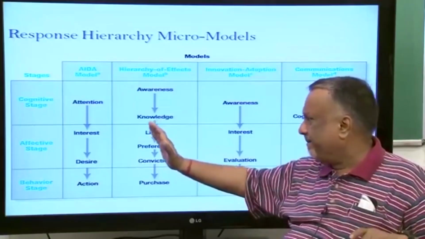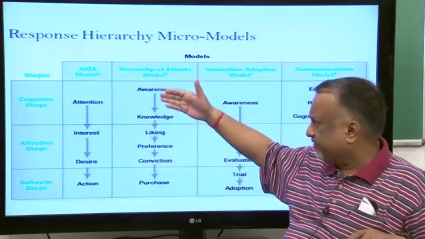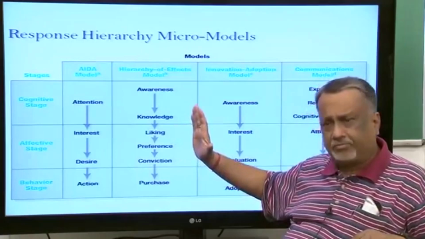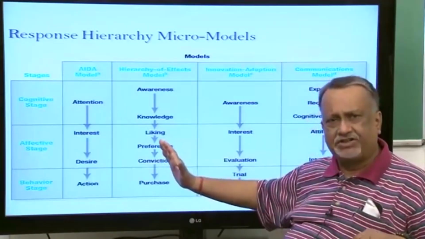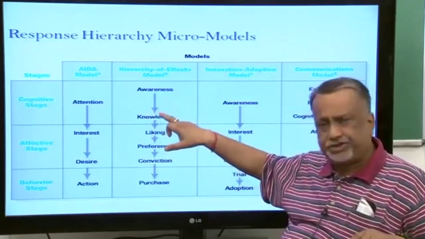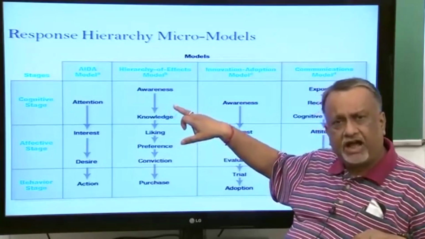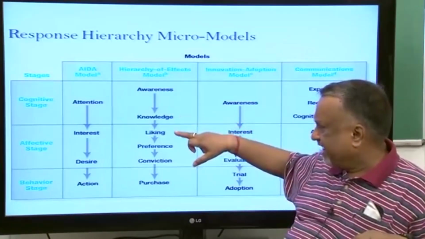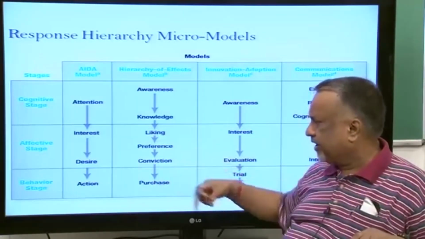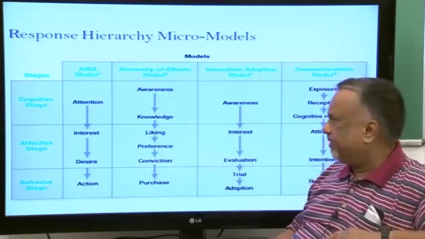So, there will be a battle which will be fought here and has to come through this stage, where the existing majority liking, preference and conviction for Gillette will have to be challenged using knowledge about the new product which is based on herbal natural ingredients, so that you can alter the liking, preference, conviction, and ultimately so that the new product is purchased in preference to the incumbent product.